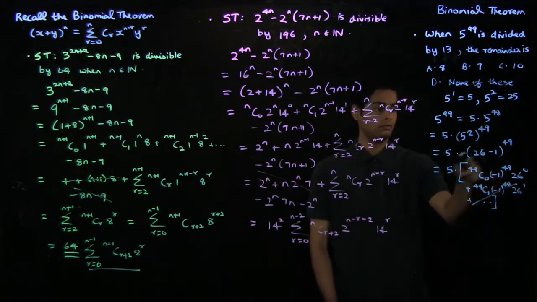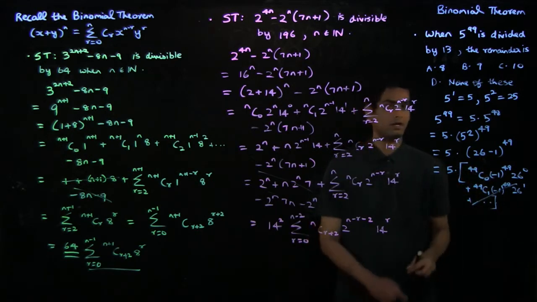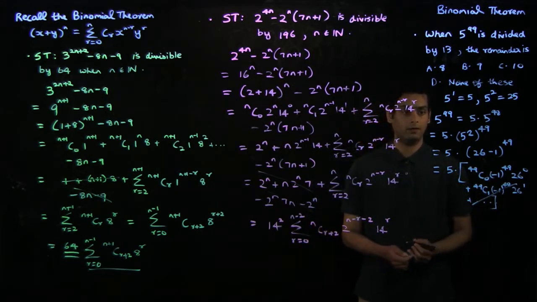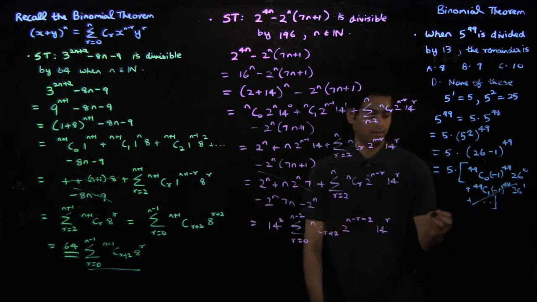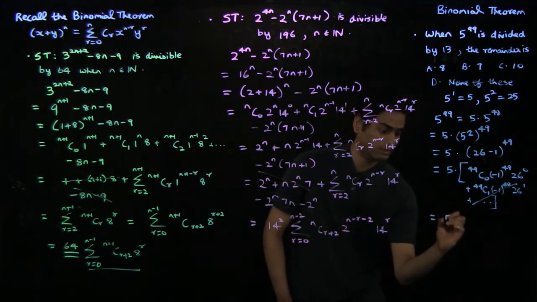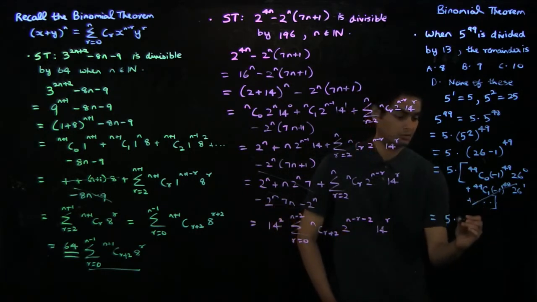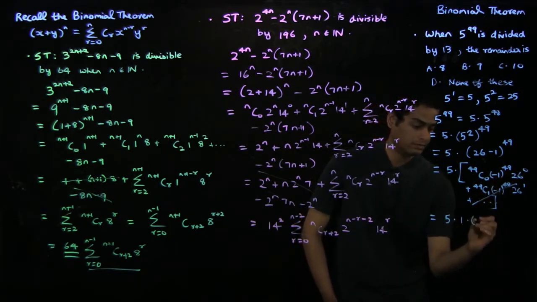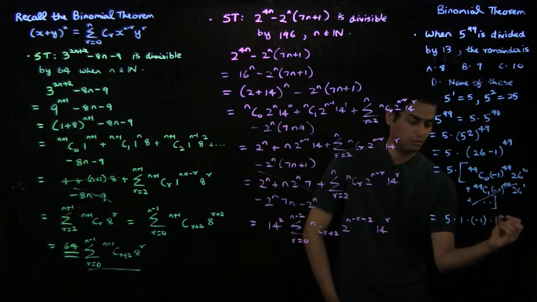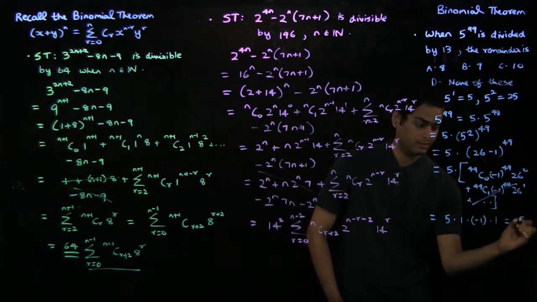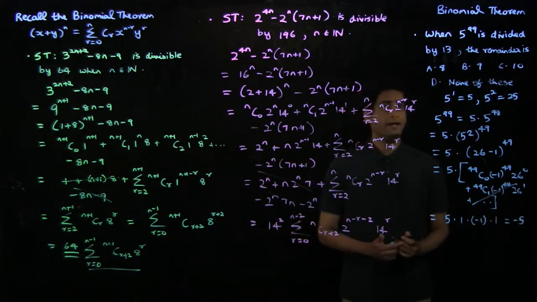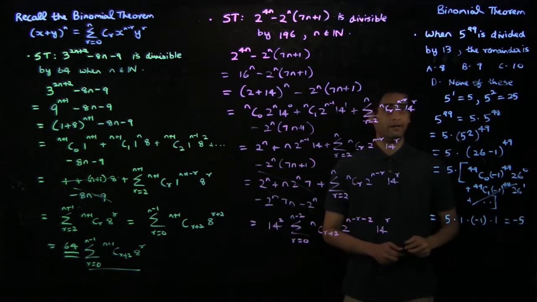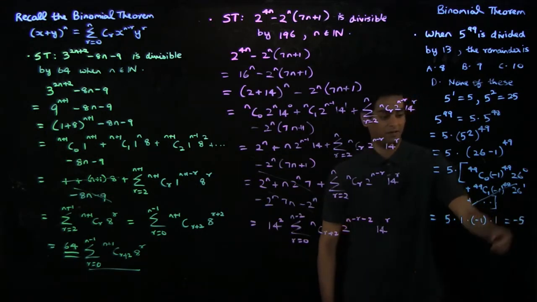So the only remaining term is going to give us the remainder when you divide 5 power 99 by 13. Let's see what that gives us. It's 5 times 49C0, which is 1, times (minus 1) power 49, which is minus 1, times 26 power 0, which is 1, and so this gives us minus 5.